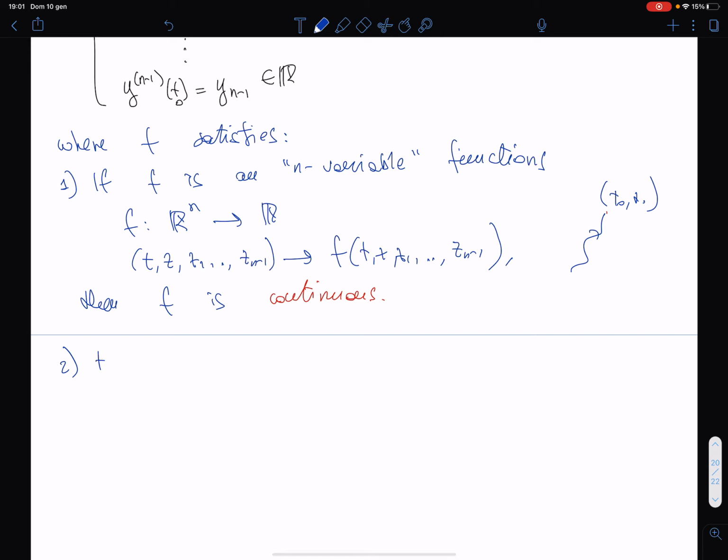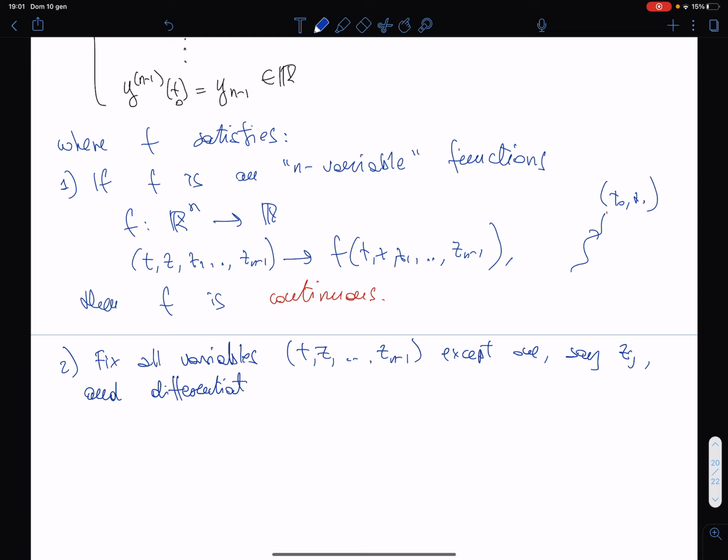Fix all variables t, z up to z n minus 1 except one. For instance, the j's, say z j, and differentiate with respect to zj.